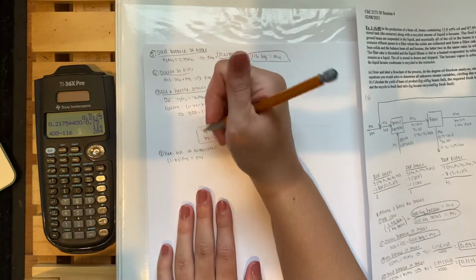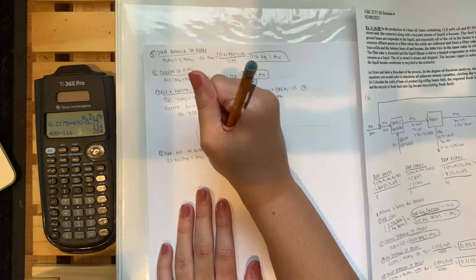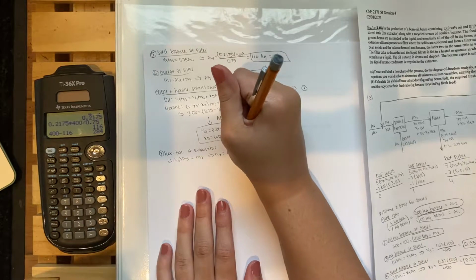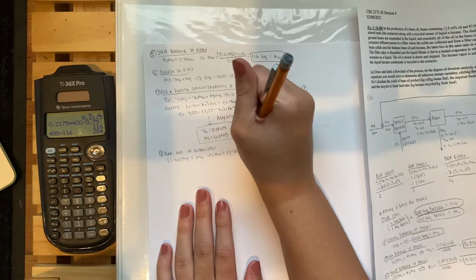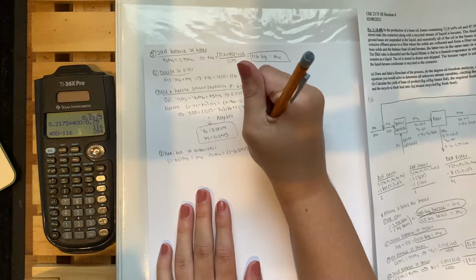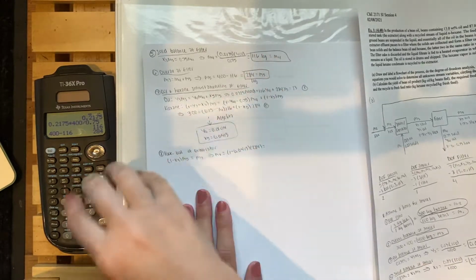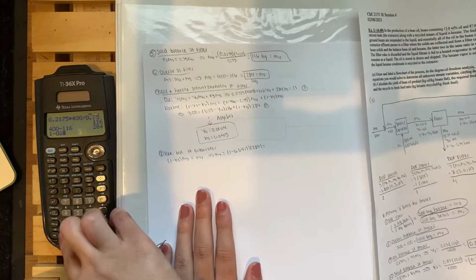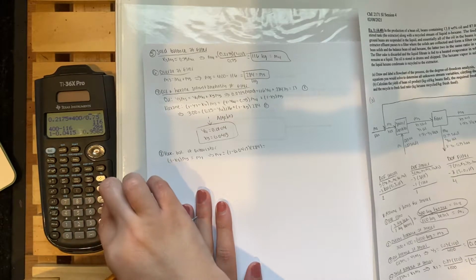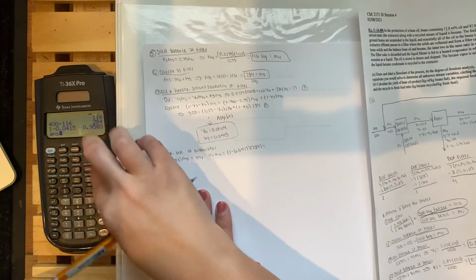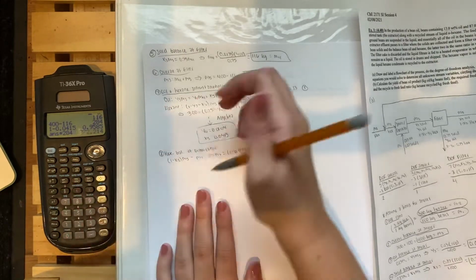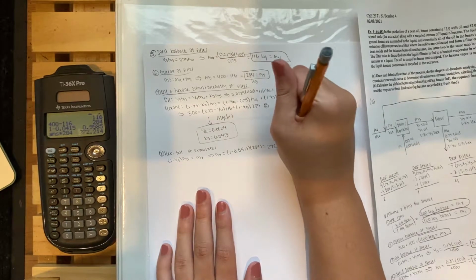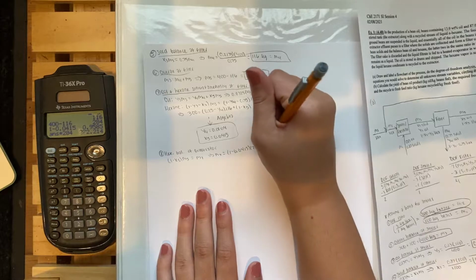So that leaves us with m7 is equal to 1 minus 0.0415 times 284, which is 272.2 kilograms, and that is M7.